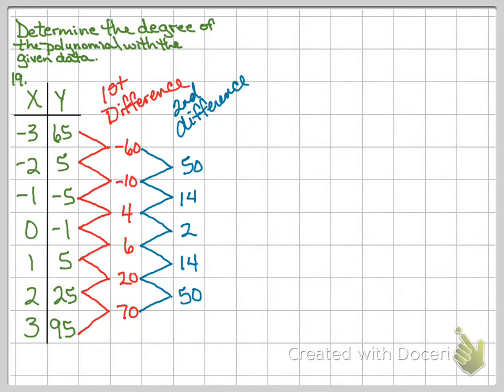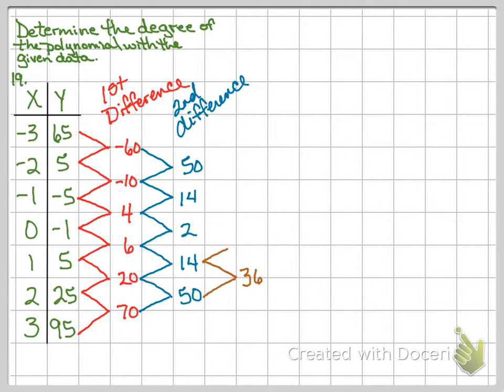Okay, now let's do one more. Okay, so we have 50 minus 14 is 36.